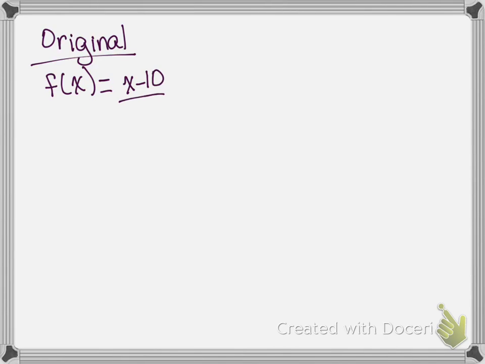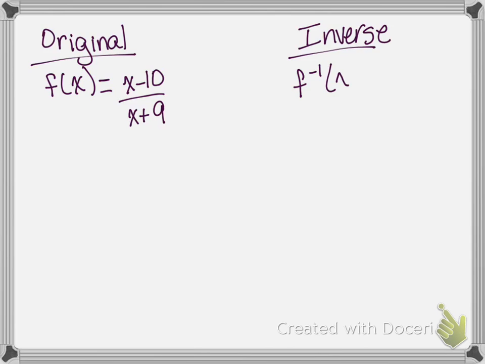Okay, so my original function was f of x equals x minus 10 over x plus 9. Okay, my inverse function is f inverse of x equals -10 minus 9x over x minus 1. Now, some students went the other direction.